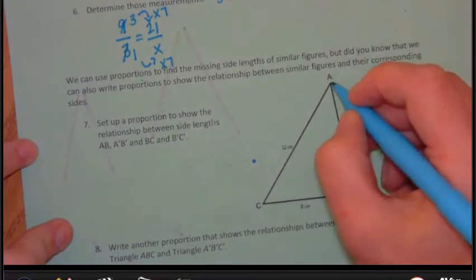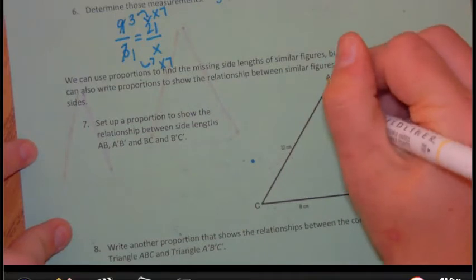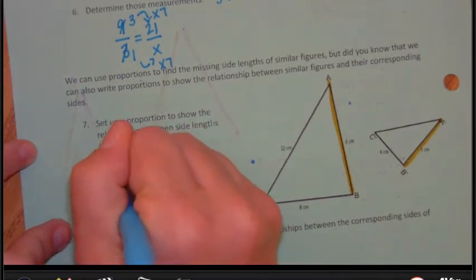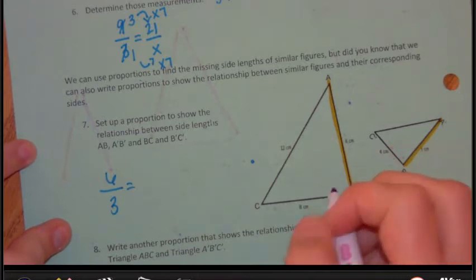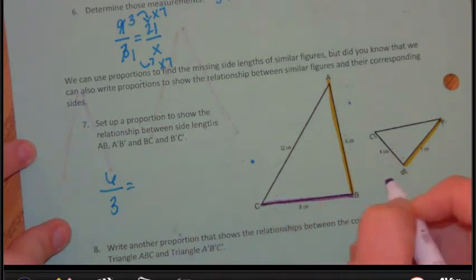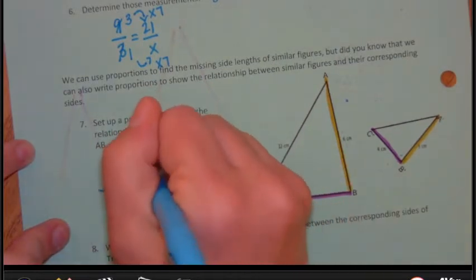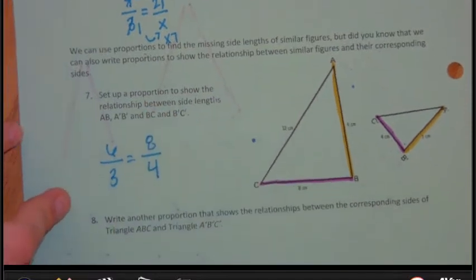So A to B is this one, and then A prime to B prime. So I'm going to have 6 over 3 is equal to B to C and B prime to C prime, so 8 over 4.